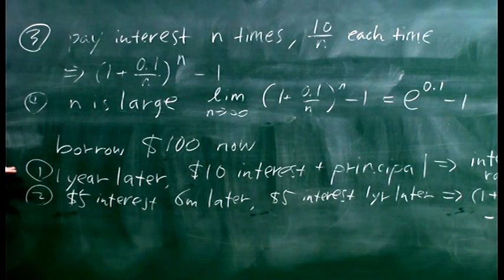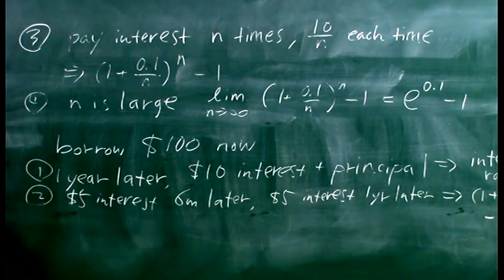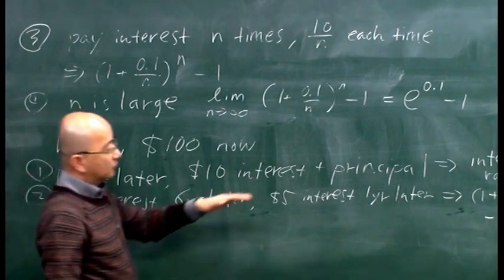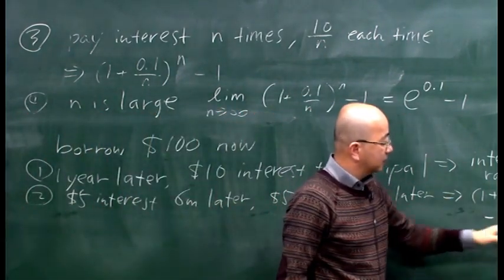So starting from the first case, by splitting the same $10 interest into 2 times, n times, and many times, the number will be slightly larger.